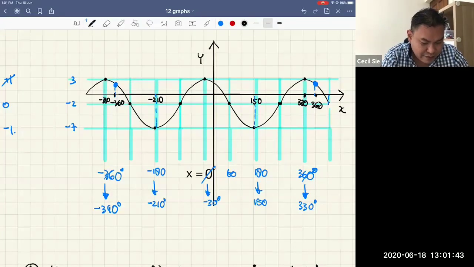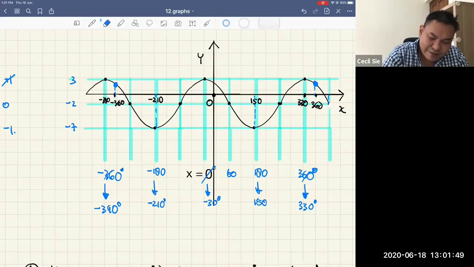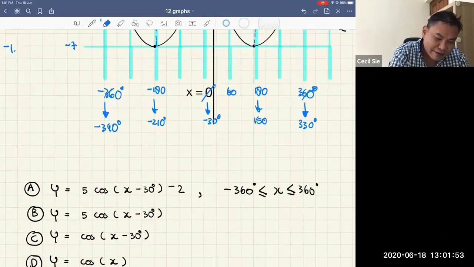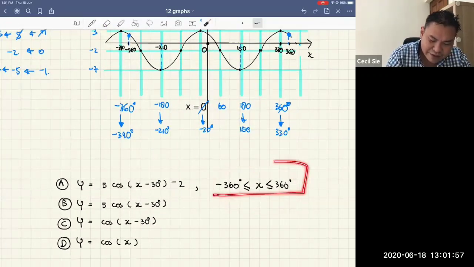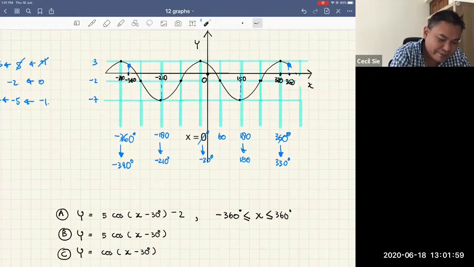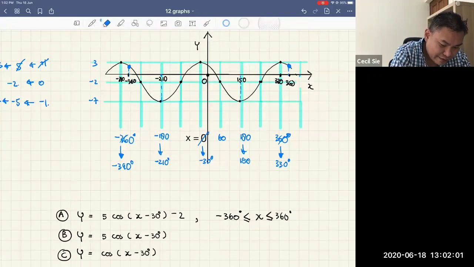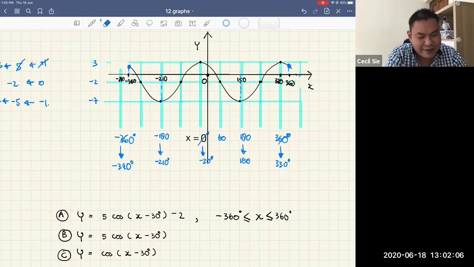Still, you need to do this one is 0, of course. You must erase the one that is outside of the range because the question specifically mentioned they want only from negative 360 to positive 360. So even that 390.